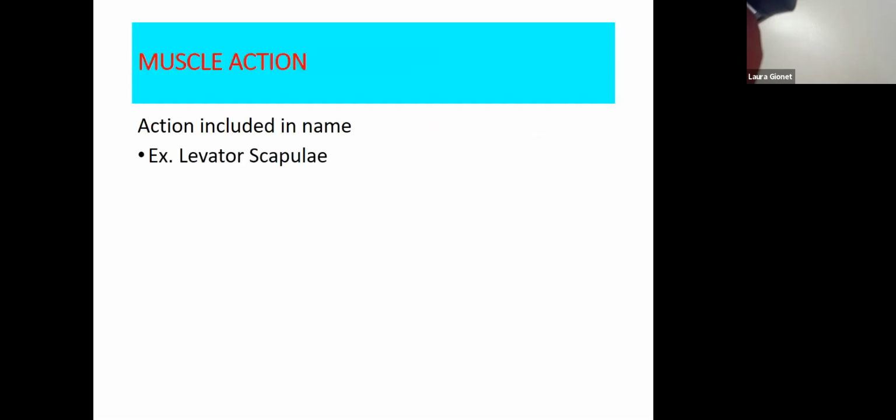It can also be named based on the muscle action, like levator scapulae, right? Elevates the scapula. It originates on the transverse processes of cervical vertebrae and inserts on the superior medial angle of the scapula. When it contracts, it elevates the scapula, bringing your shoulders up toward your ears.